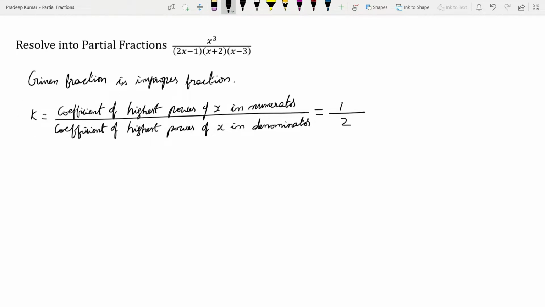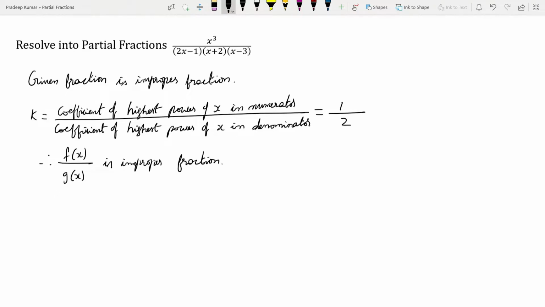The coefficient should be higher in the numerator and lesser in the denominator, or it can be equal. Here the denominator coefficient is higher, so it is an improper fraction. Therefore f(x), which is the numerator, and g(x), which is the denominator, form an improper fraction.